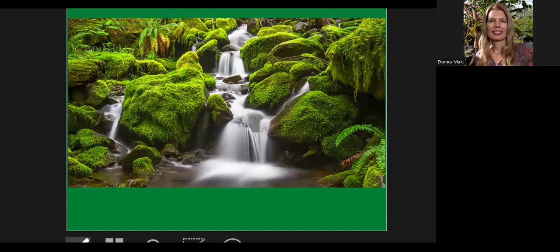This is out west, the Olympic National Park. This is on my bucket list. I've got to get there. A friend from grad school went there and showed me images on her tablet, and it was so green it kind of hurt your eyes. It was so intensely green because of all the mosses at that park.